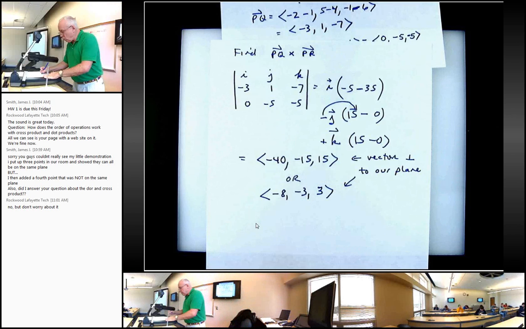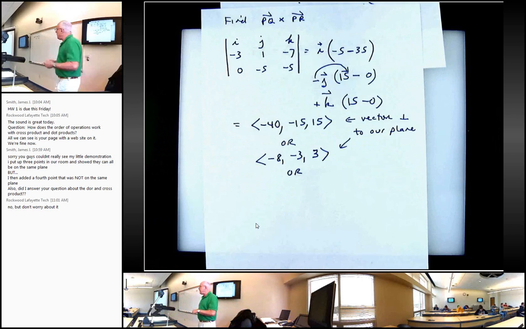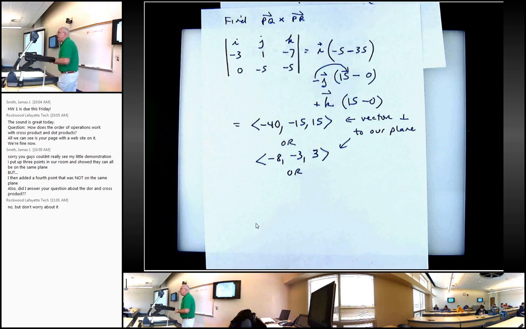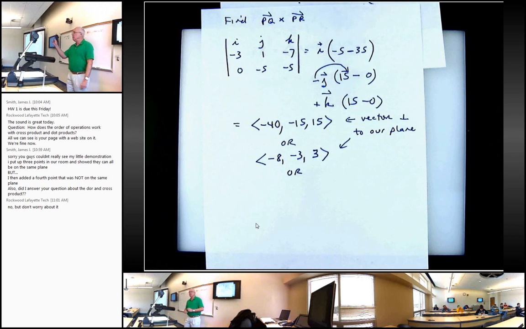What else? Now I can no longer divide by a number to get it unless I want to deal with fractions, but what other thing could I do with a vector? Multiply by a scalar. What's an easy scalar? 0 won't give me anything. That just gives me the 0 vector. How about minus 1?